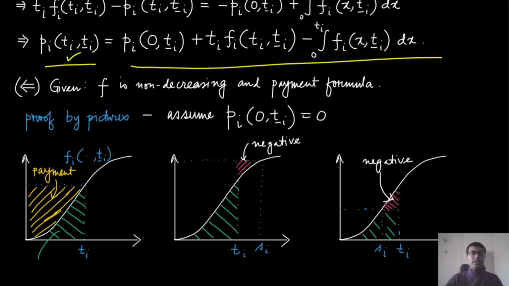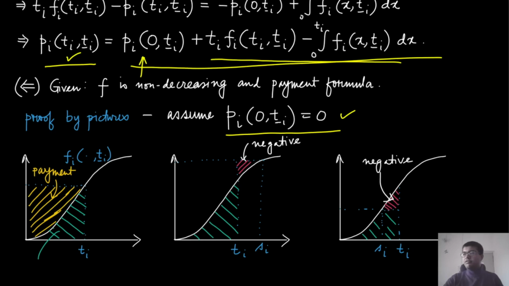How can we show that? So first let us look at this payment formula, and for simplicity, let us assume that this 0th point, so this payment part, is actually 0. Even though it is not equal to 0, the proof works. The picture will be a little different in that case. So for simplicity, we have assumed that this is equal to 0. So then what is the meaning of this payment formula?